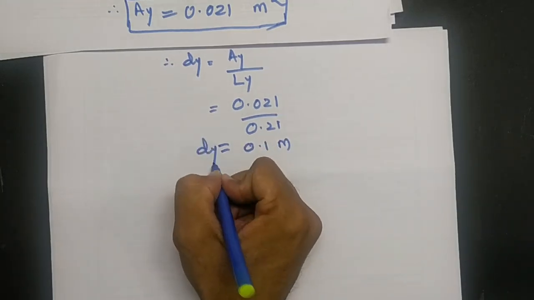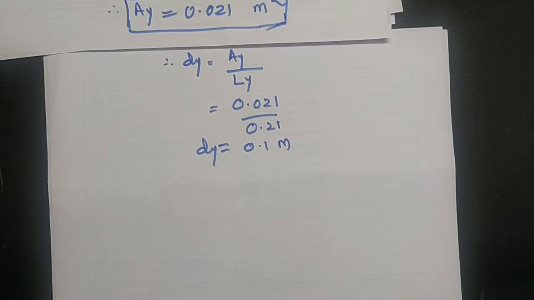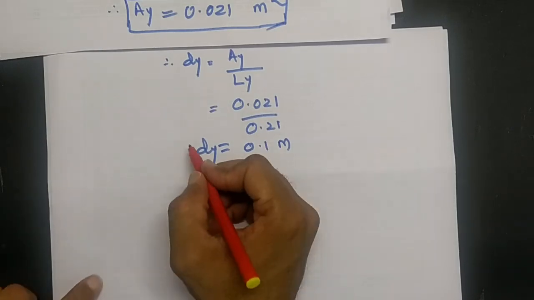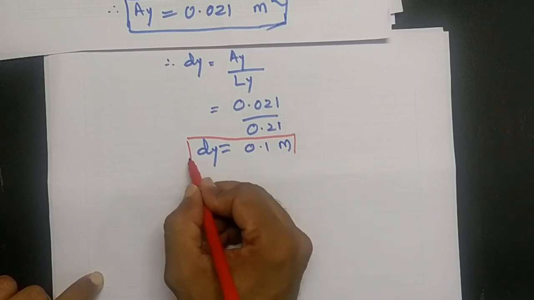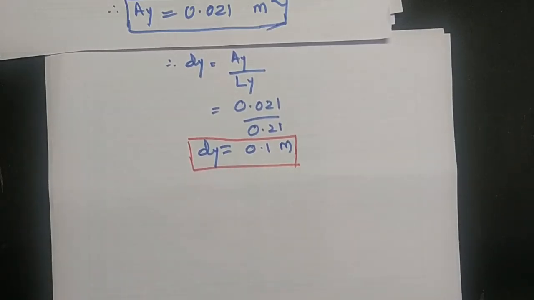So the depth of the rotor core comes to 0.1 meter. This way we have calculated all the required values.